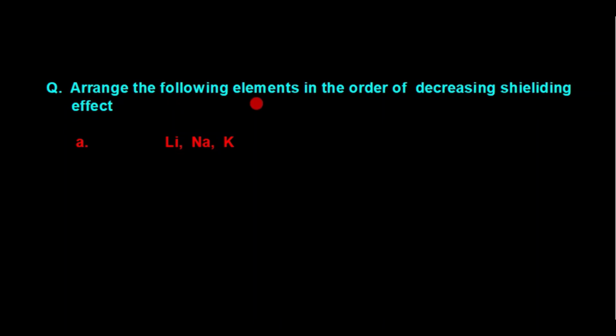Now we will see the next question which is given. Arrange the following elements in the order of decreasing shielding effect. We know as we move from top to bottom in any group of the periodic table, the number of electronic shells increases, so the number of electrons in the inner shell also increases. As a result, shielding effect increases. Lithium, sodium, potassium. These elements belong to the same group of the periodic table, that is group 1A, alkali metals.